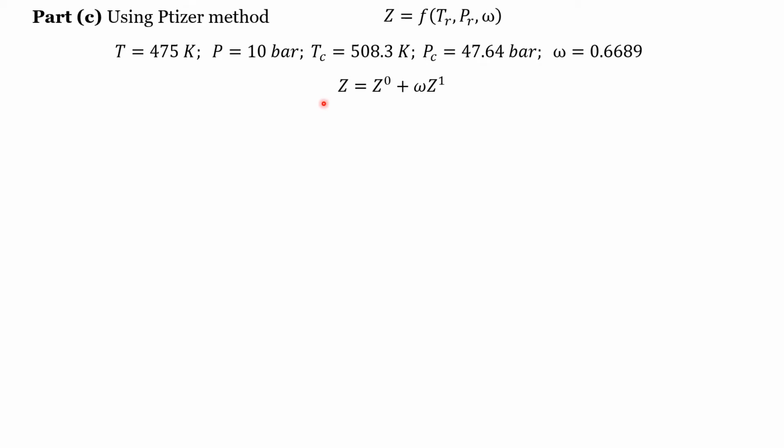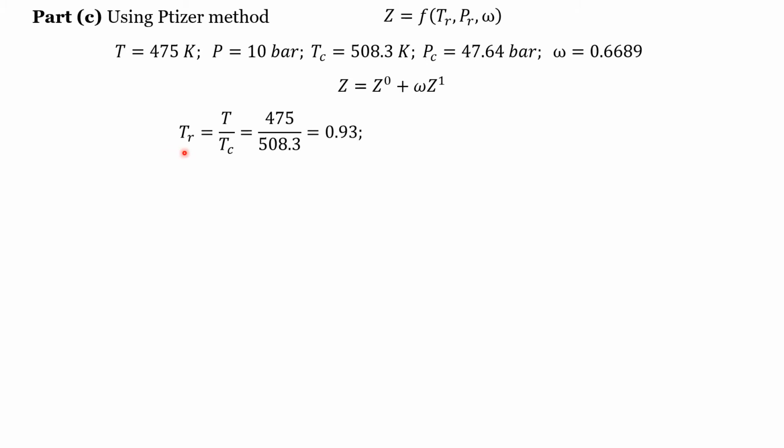Here the overall compressibility factor is expressed in two terms. So first term Z0 denotes the compressibility factor for simple spherical molecules, whereas the second term accounts for the non-sphericity of the molecules. So overall the contribution of the second term to the overall Z is less.